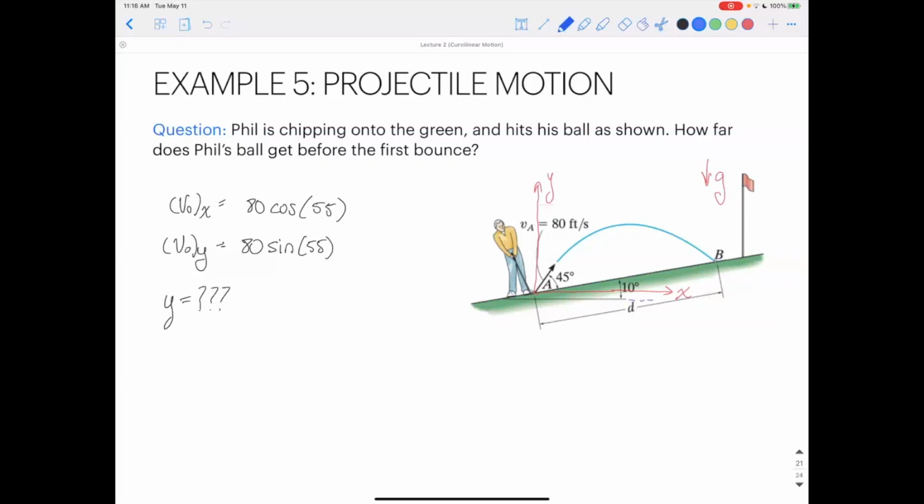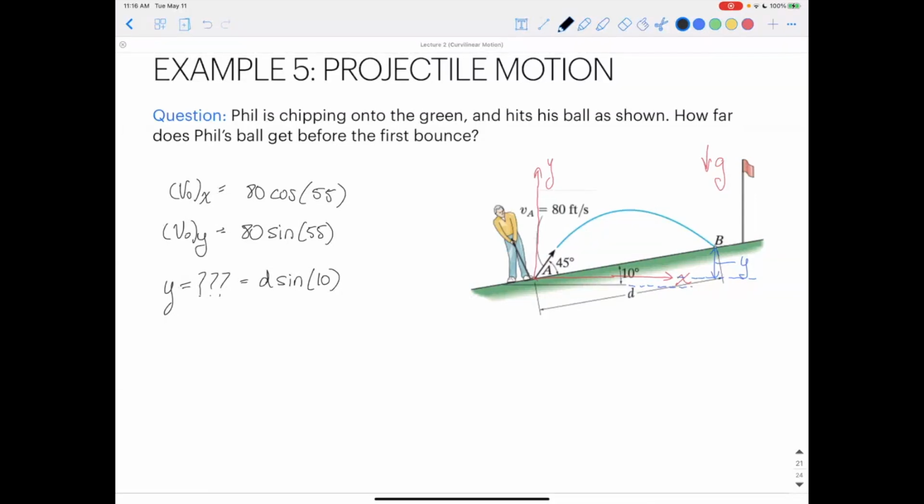If we extend this line over here, this distance y is going to be d times the sine of the angle of inclination, which is 10 degrees.